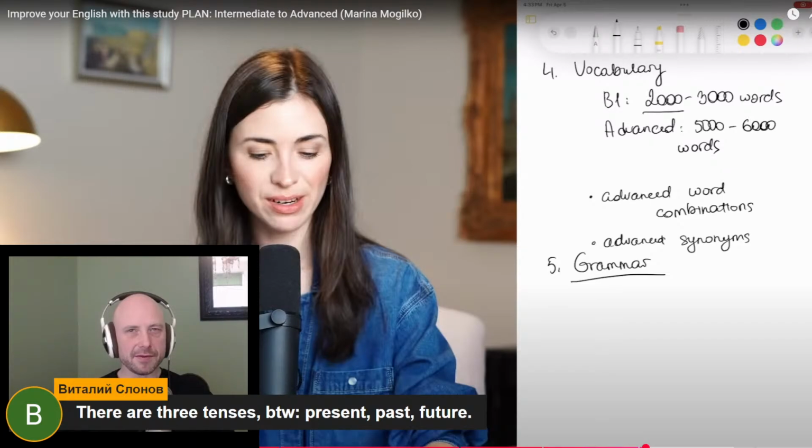Yeah, I believe it's 3 actually, and that's the past, the third person, and the infinitive. But I don't think the infinitive is the tense. So actually there's just 2, the past and the third person. That's what I was told.